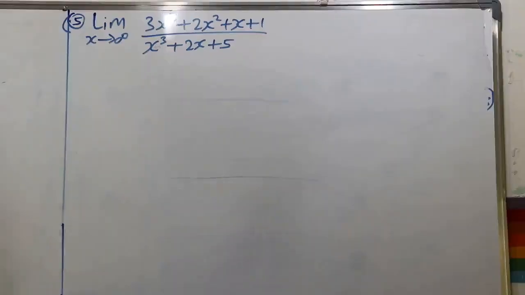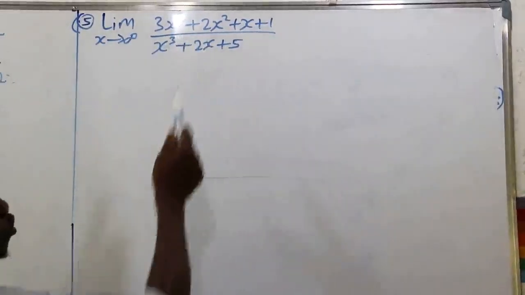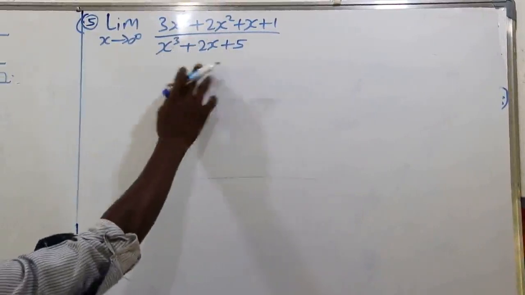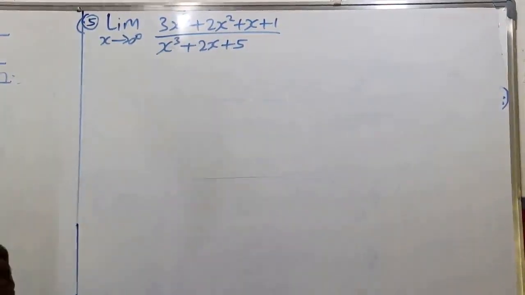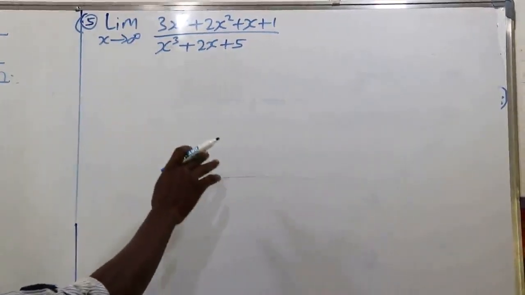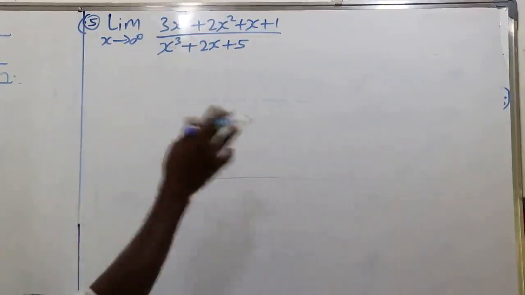And 5. You are given, evaluate lim 3x cubed plus 2x squared plus x plus 1 divided by x cubed plus 2x plus 5, and our x tends to infinity. Now, this one, think back to the fifth property. We find that our x is not equal to 0.